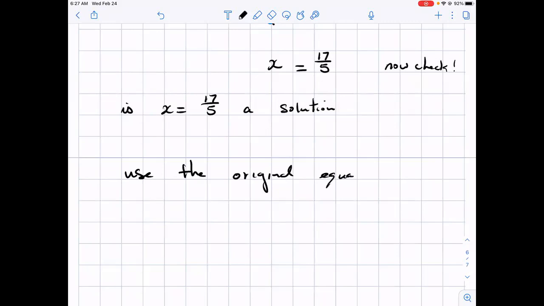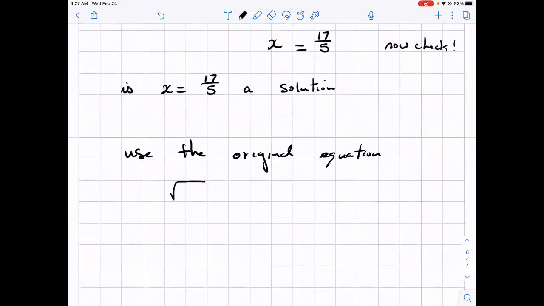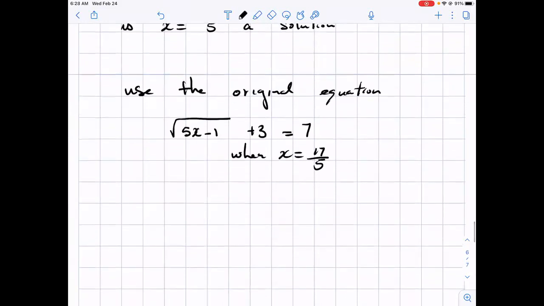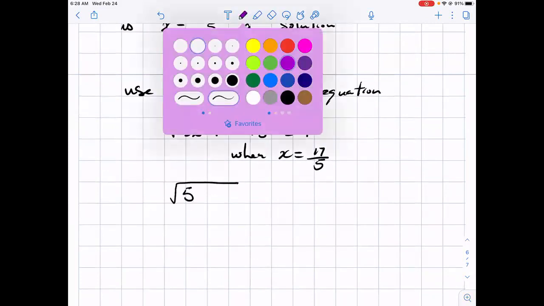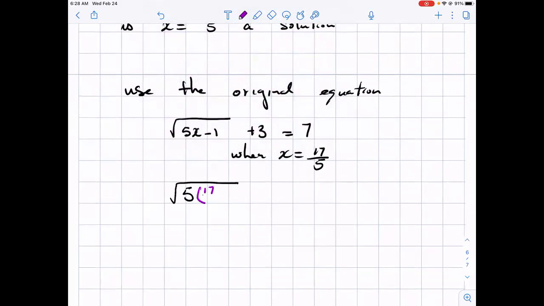You have to use the original equation. And the original equation we know is the square root of 5x minus 1 plus 3. And we want to know if that is equal to 7 when x is equal to 17 over 5. So we have the square root of 5, and we will replace x with 17 over 5.